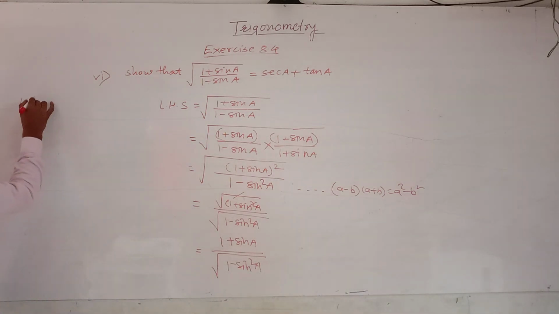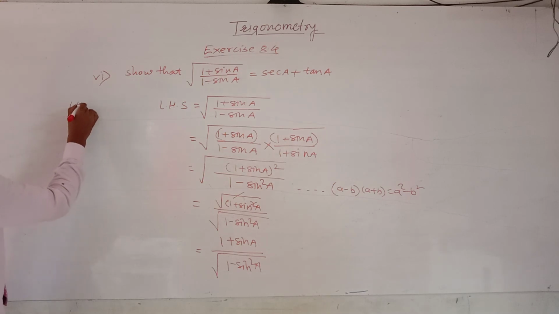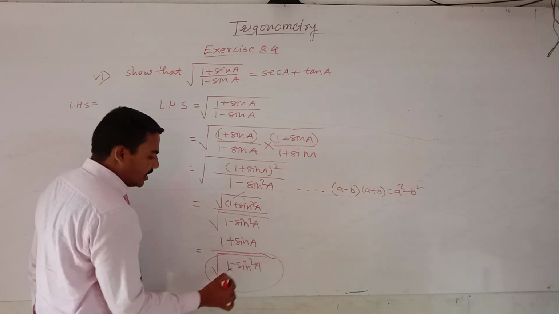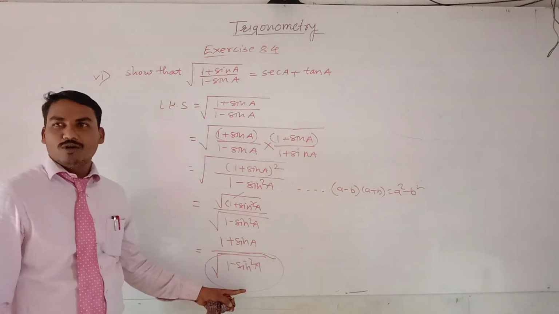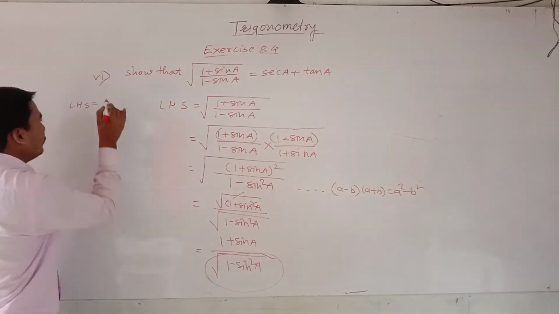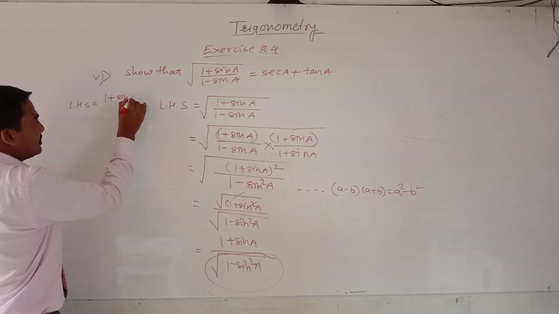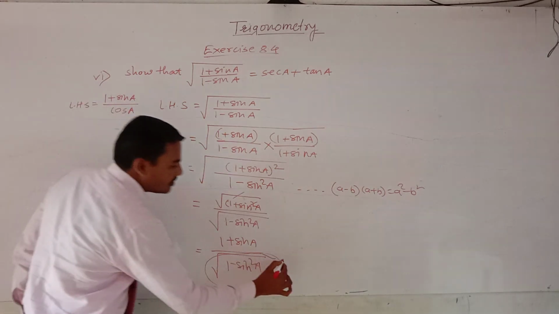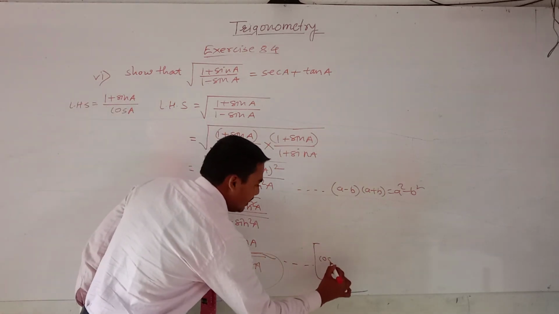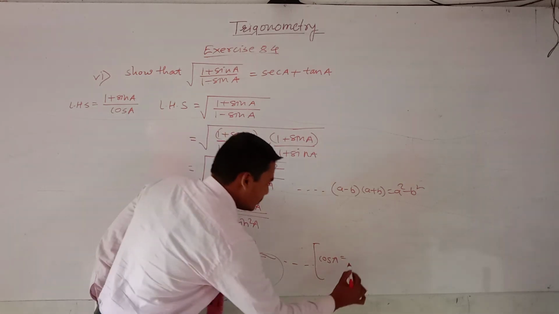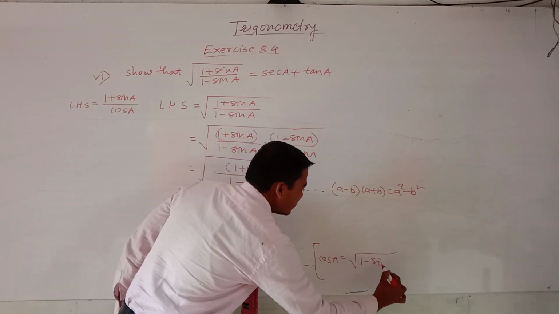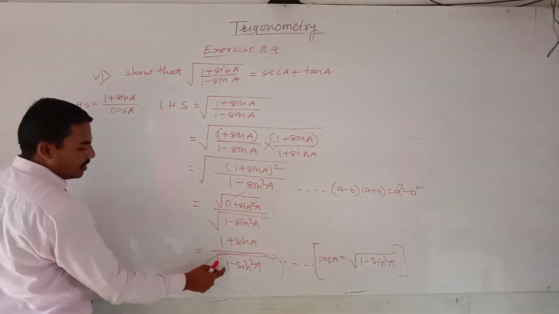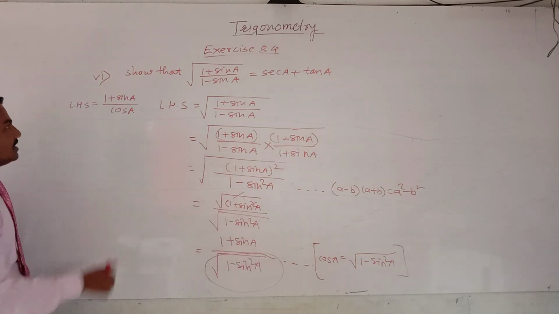Now LHS is becoming, I know the value of denominator under root 1 minus sin square is cos square A, cos A. Okay, so ऊपर 1 plus sin A upon cos A. The value of this cos A, which is nothing but under root 1 minus sin square A. Yes or no? So under root 1 minus sin square is equal to cos A.